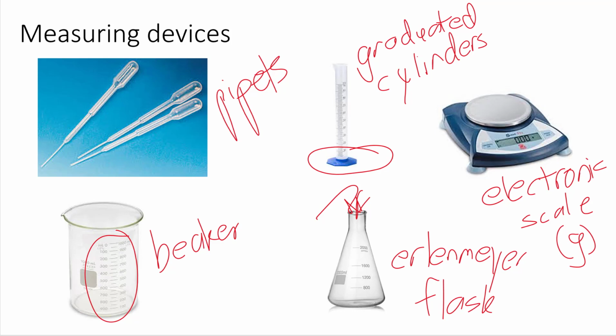So again, you can see there's very few lines on here, so these are just suggestions. Erlenmeyer flask is really just for mixing and for transferring liquids from one container to another, or a gas using a stopper.